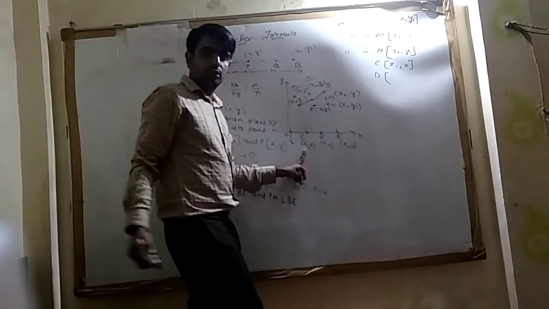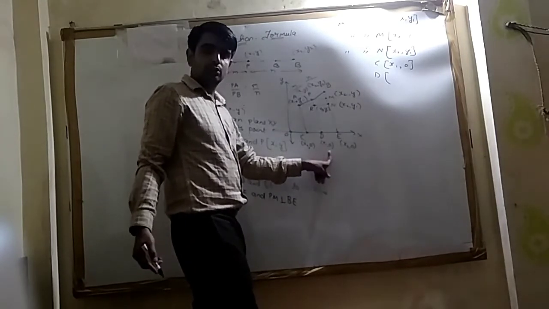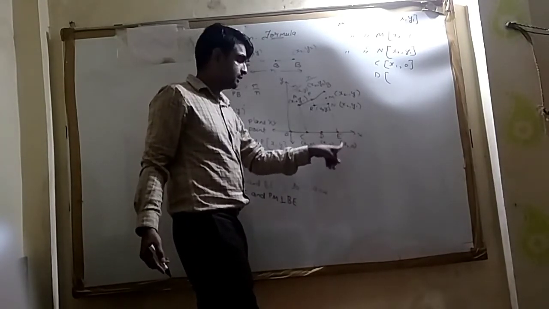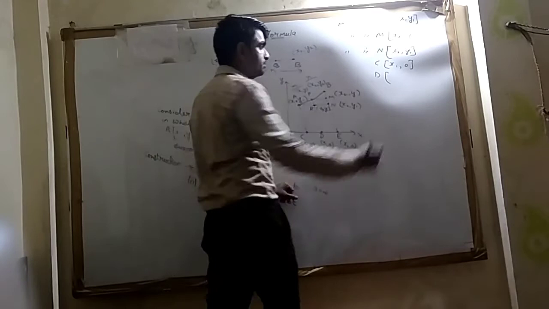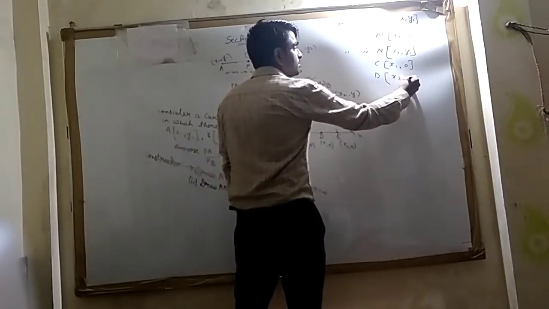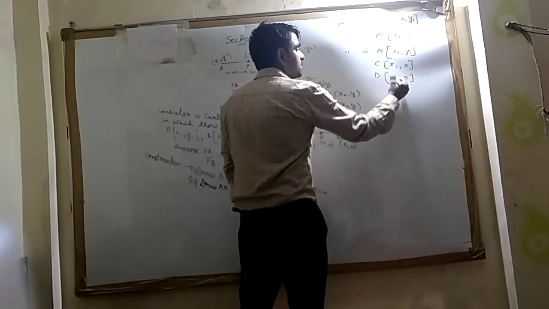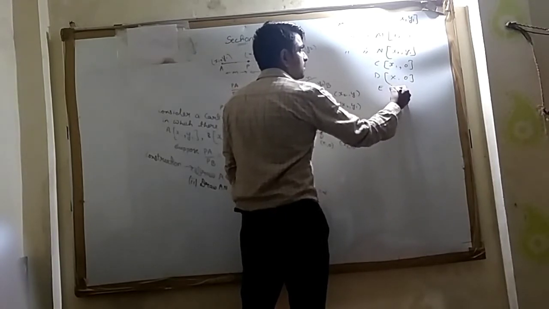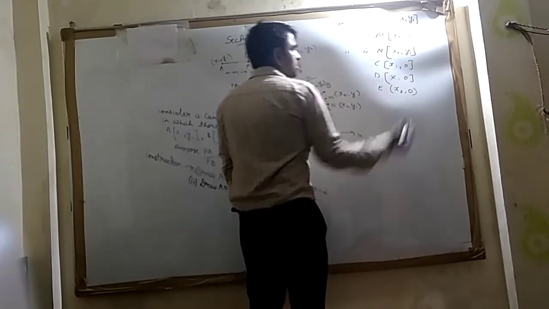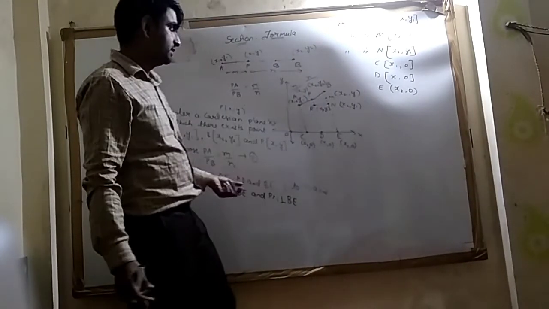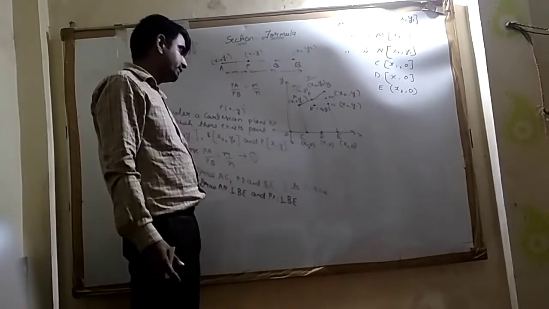See, D's coordinate is x comma 0 and E's coordinate is x2 comma 0. So these are all the coordinates of points I have written.